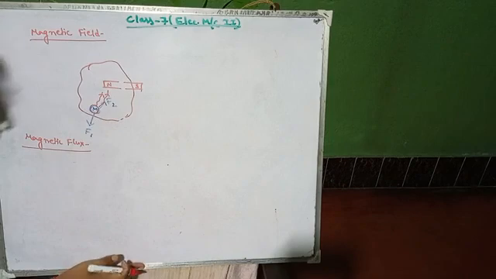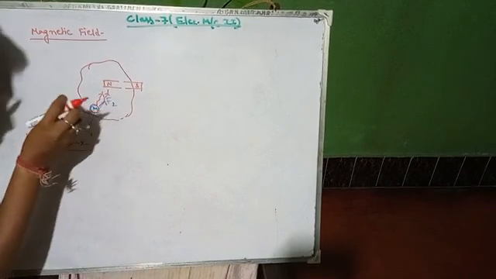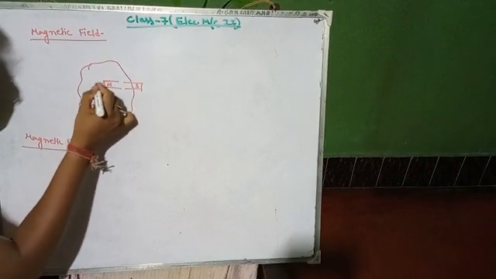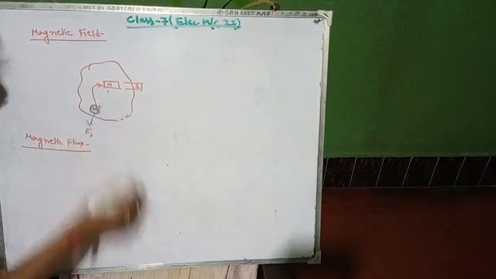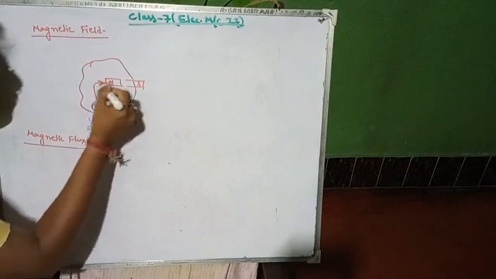If we consider this magnetic material, let's say free over here, then it will move this way to fall in the north pole. So this is the path, this is the flux actually.